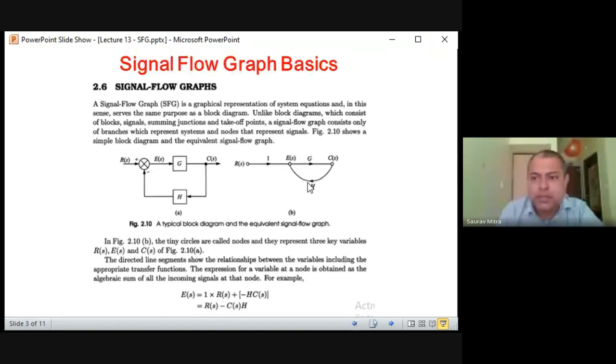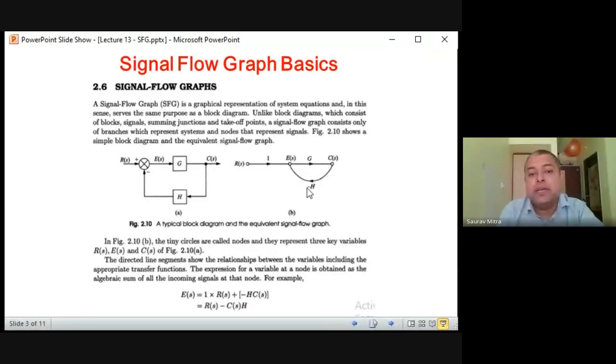Now there will be complex processes where there will be more than one loop. There will be non-touching loops, there will be touching loops, there will be overlapping loops. So all those things you have to understand. So this loop gain is called minus GH, and feedback gain is called minus H. It is actually H, but it is having a negative feedback of minus.